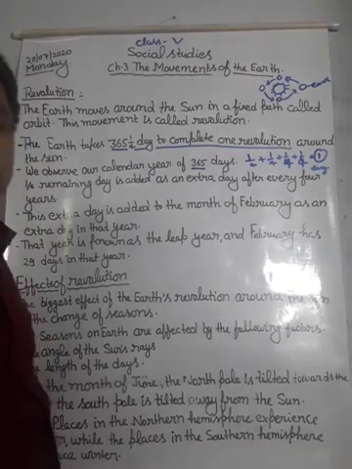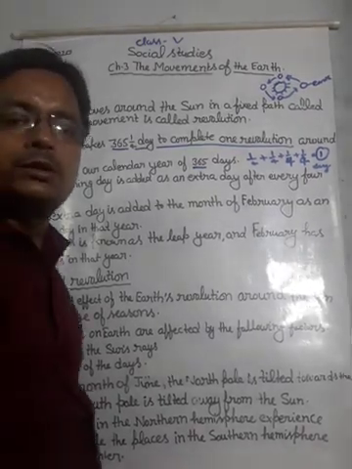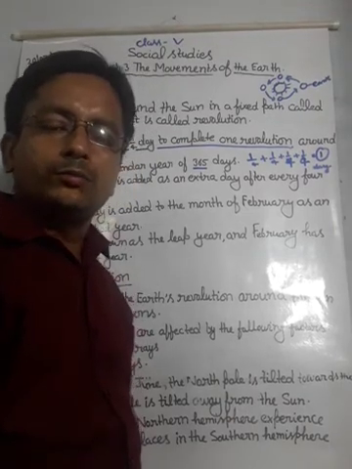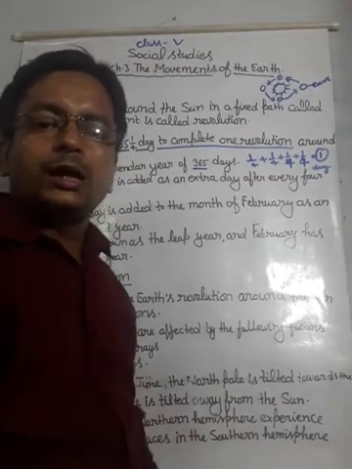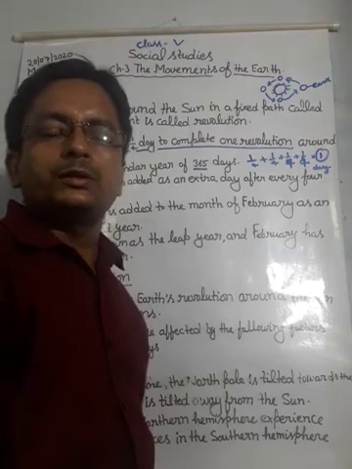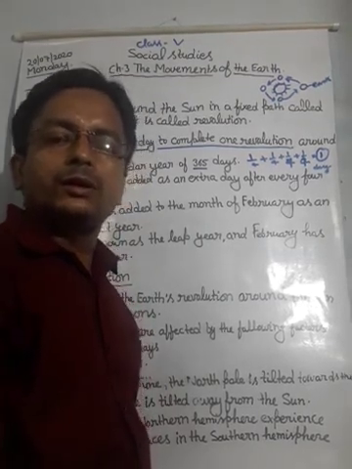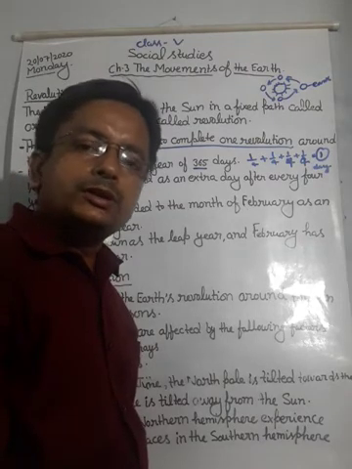In a leap year, February has 29 days, but except in a leap year, the days in February are 28.